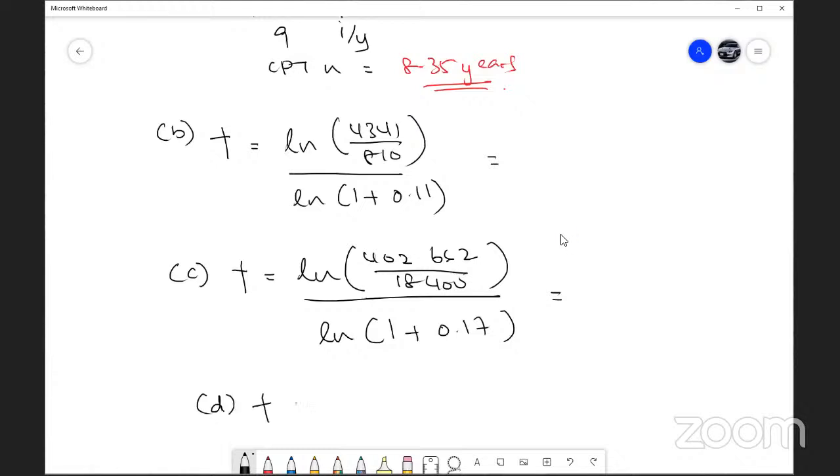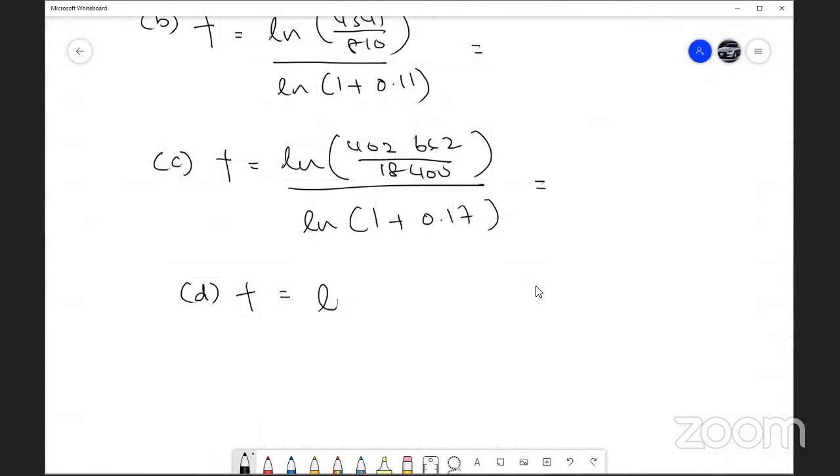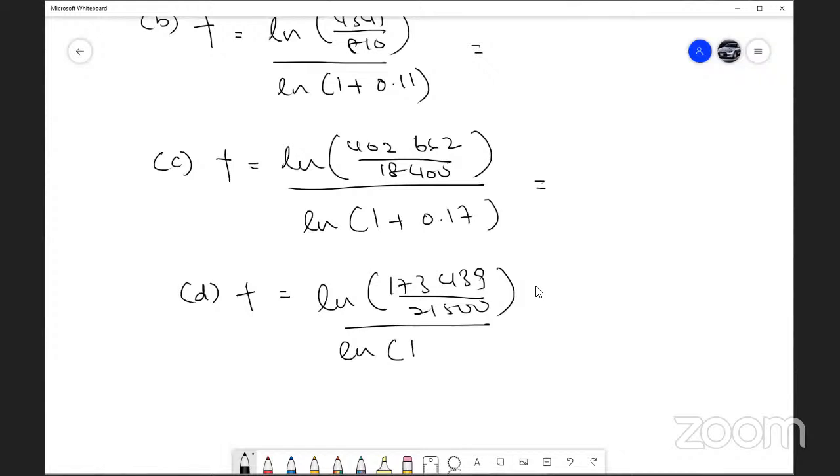And lastly, ln of 173,439 divided by 21,500, divided by ln of 1 plus 0.08. What is the answer?